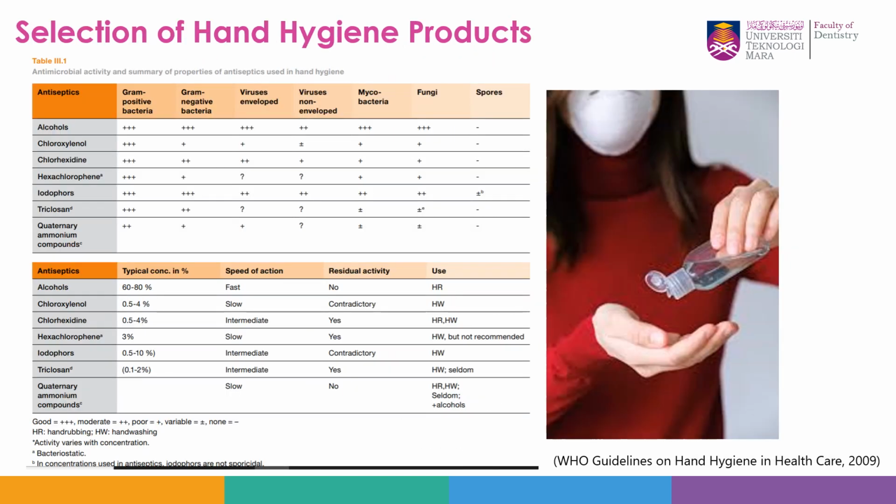So these are the criteria for the selection of hand hygiene products. From the agents that I presented just now, you can see how they compare towards the types of microorganisms: gram-positive bacteria, gram-negative bacteria, viruses, enveloped, non-enveloped, mycobacteria, fungi, and spores.